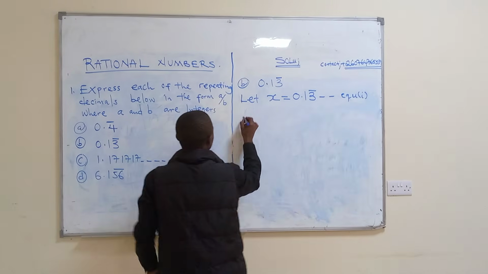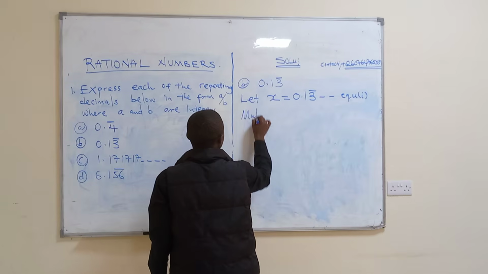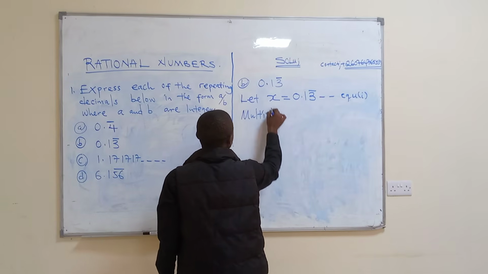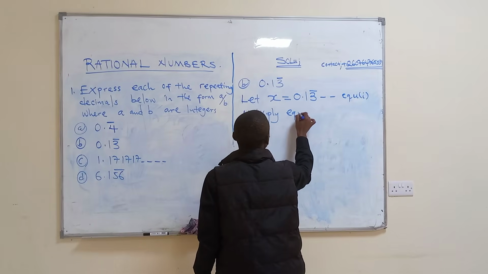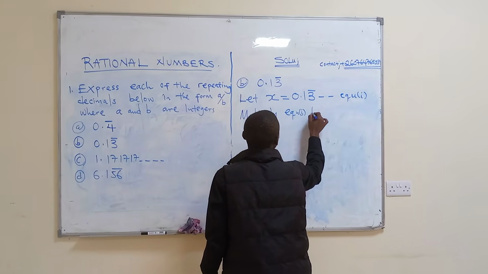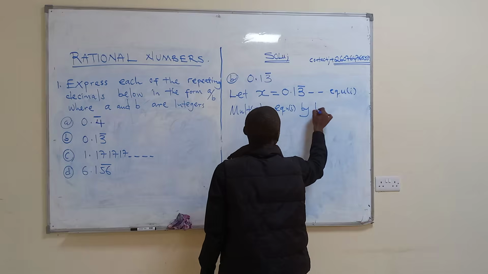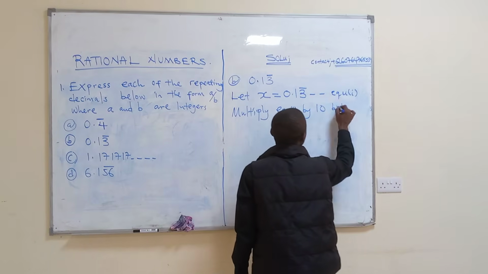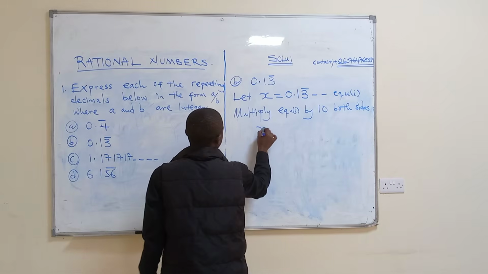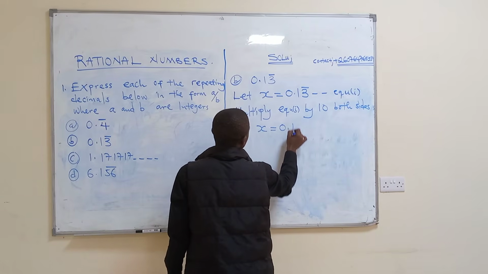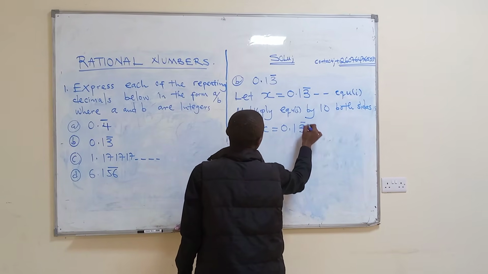So say multiply equation 1 by 10 both sides.